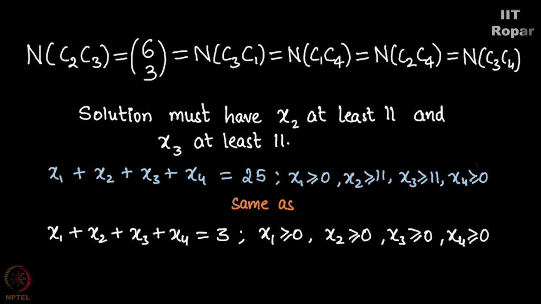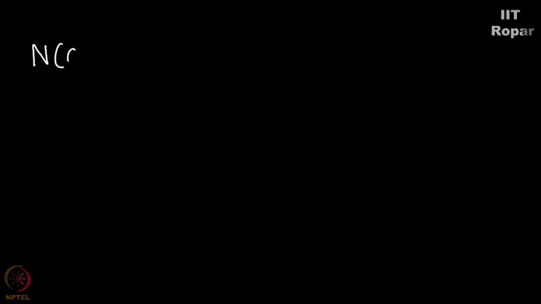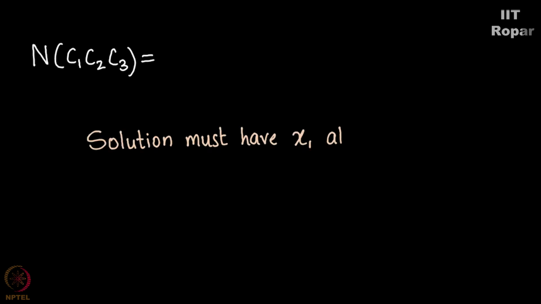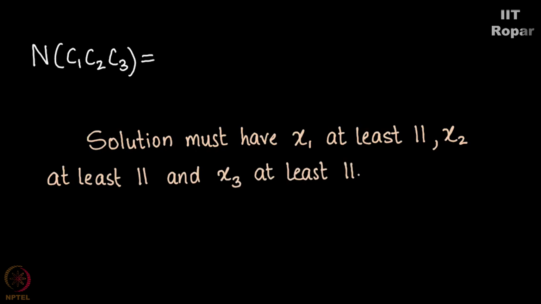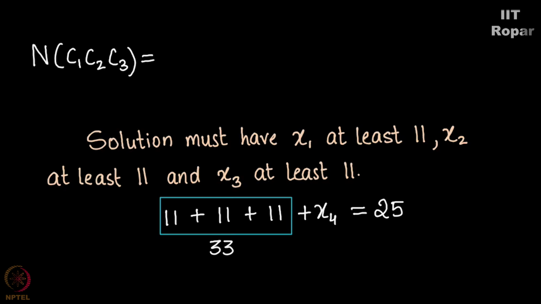Now, what would happen to c1 c2 c3? The number of possibilities of c1 c2 c3 will be, you see, all of these 3 should happen. That is, x1 must be at least 11, x2 must be at least 11 and x3 must be at least 11. Well, will this ever happen? Because the moment I give just 11 as the value to x1, x2 and x3, we get 33 as the answer and I have not even reached x4.